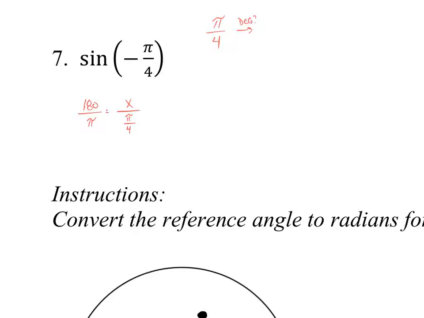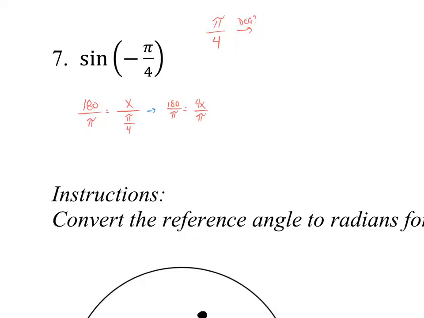So we can move forward and do what we would normally do. I would rewrite the right-hand side of that equation because I don't like dividing by a fraction. So I'm going to multiply x by the reciprocal, which is the same as leaving it so that I have 4x over pi.